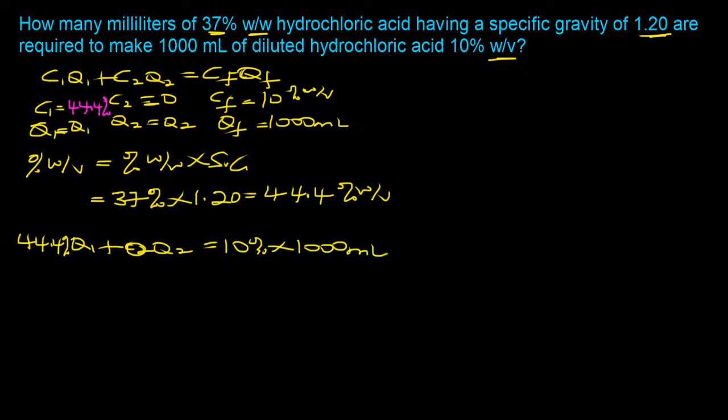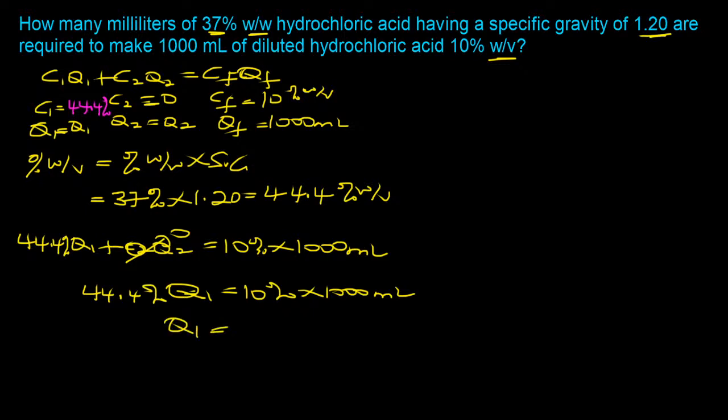Now, 0 times any number in this universe will give you 0, so that goes to 0. And so what we have is 44.4% times Q1 being equal to 10% times 1000 milliliters. So we can go ahead and solve for Q1 by dividing both sides by 44.4%.